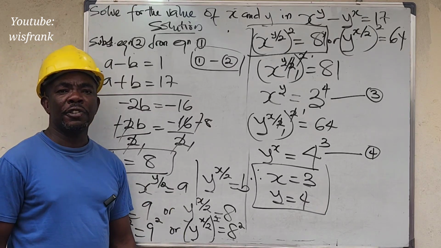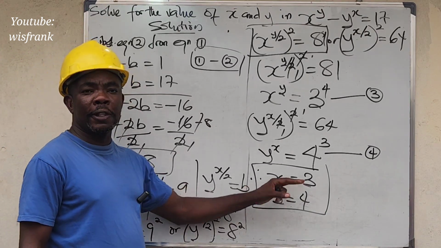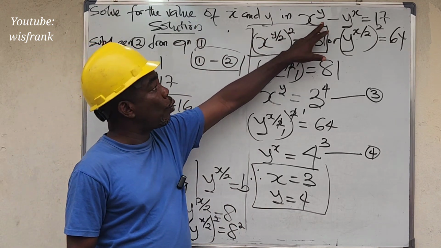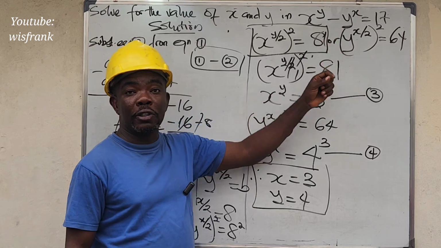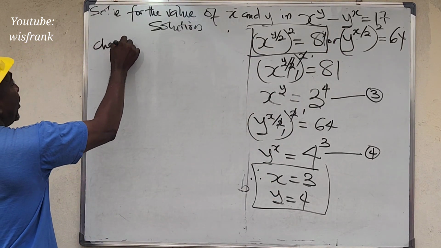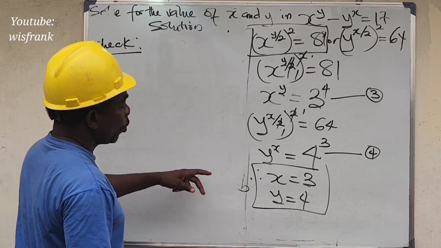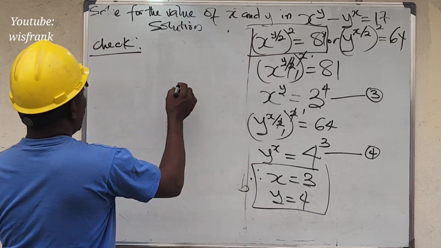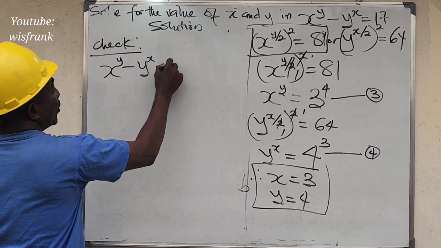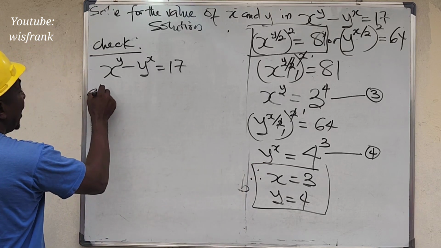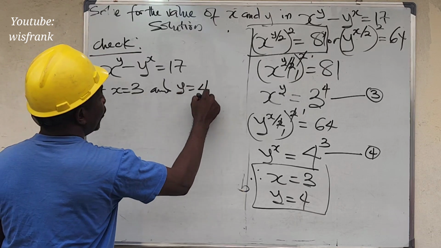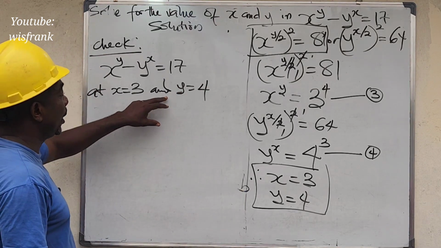We can do a little check to see whether x equals 3 and y equals 4 will satisfy the expression x to the power of y minus y to the power of x equals 17. Let's find out. The equation is in the form x to the power of y minus y to the power of x equals 17, at x equals 3 and y equals 4. So we are going to substitute the parameters into this equation.